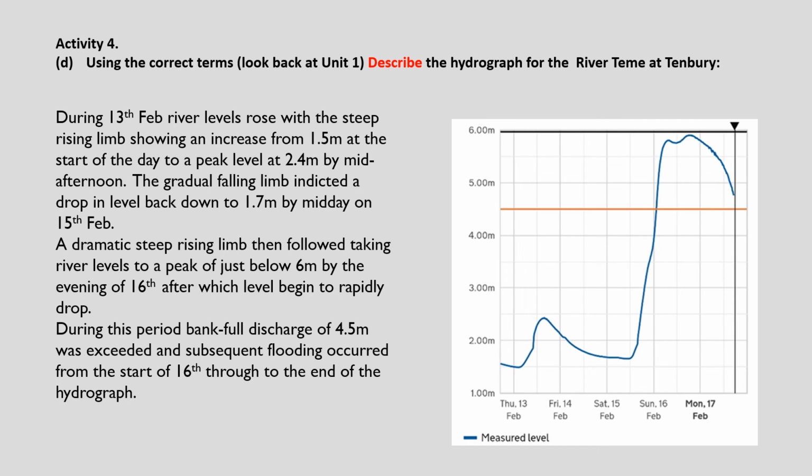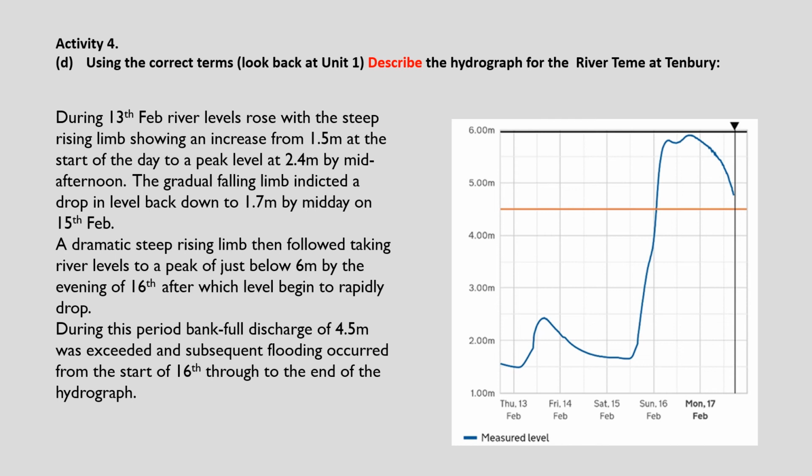Now, it's not labelled on here, but the orange line on the graph is showing you the level of the river which is classed as bank full discharge. So you can also mention that.